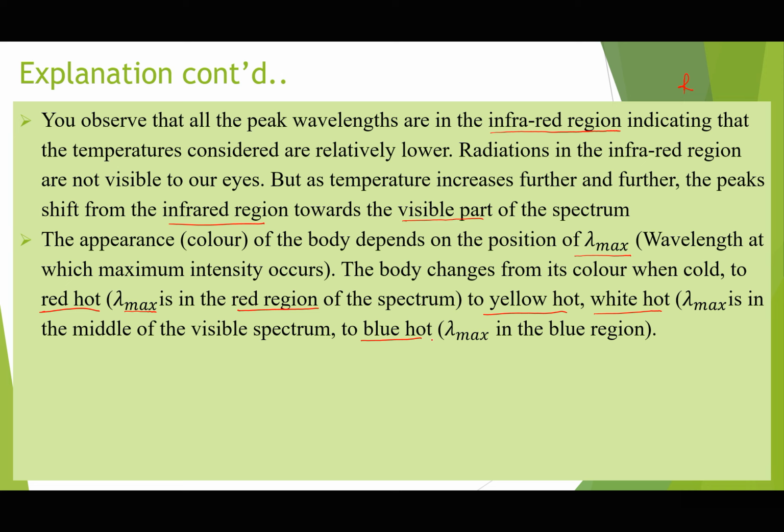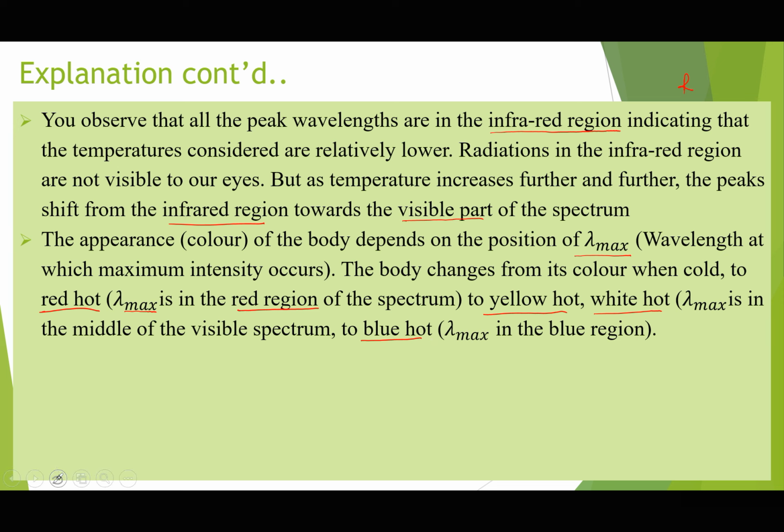And as temperature increases, the wavelength at which the maximum intensity occurs decreases. So we only see the color of a body because of where the wavelength at which maximum intensity occurs falls on that graph that we have just demonstrated.